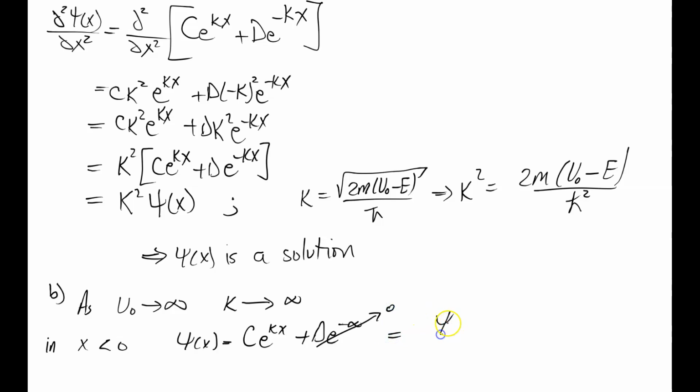So psi of x would equal c e to the kx, and this is just assuming that U of 0 goes to infinity, so the initial potential is infinite.